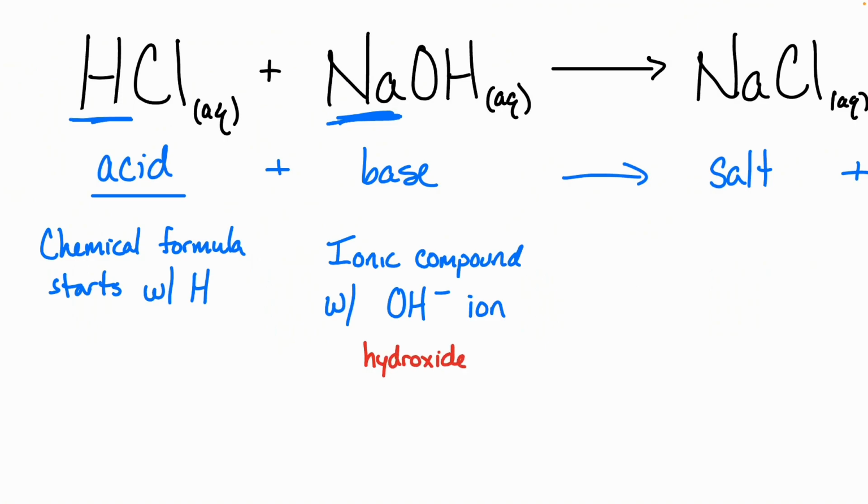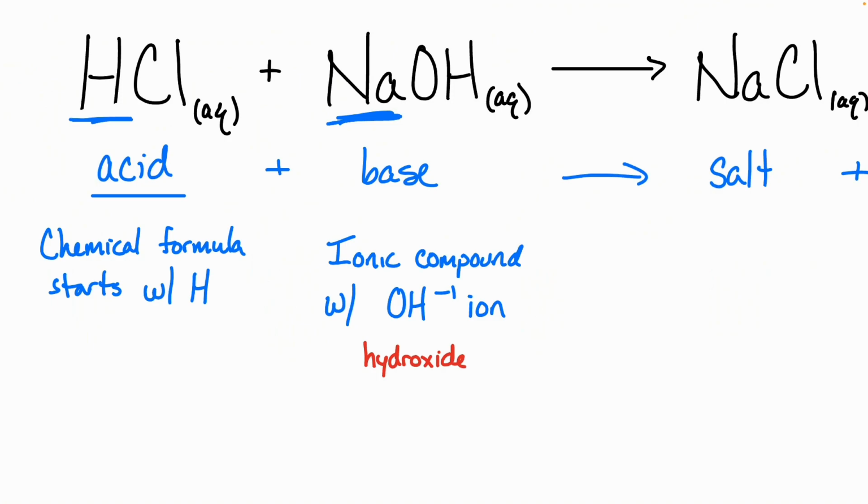Remember, we learned about a few polyatomic ions, the nitrate, the sulfate, the carbonate, the phosphate. Now we got a new one here, hydroxide. Okay? Hydroxide has this formula, OH, and it has a -1 charge associated with it. And it's this special polyatomic ion here because it's a base in our acid-base reaction.